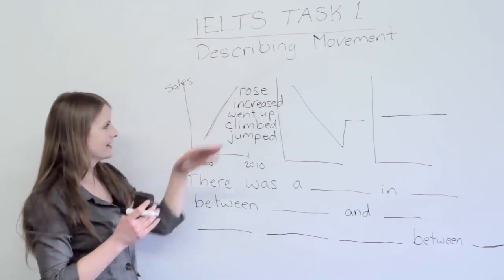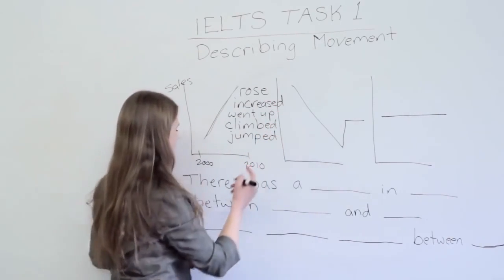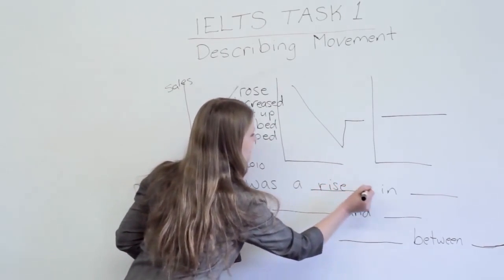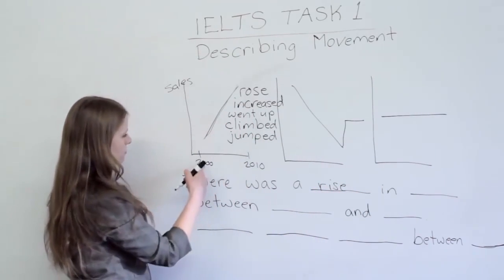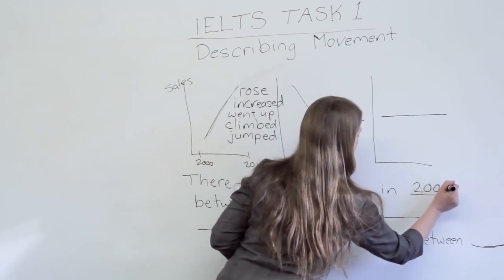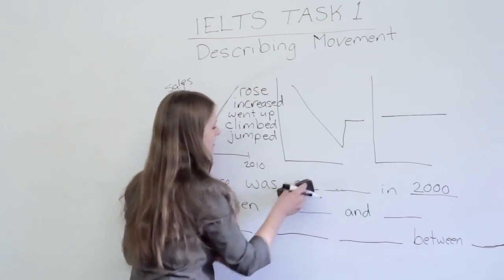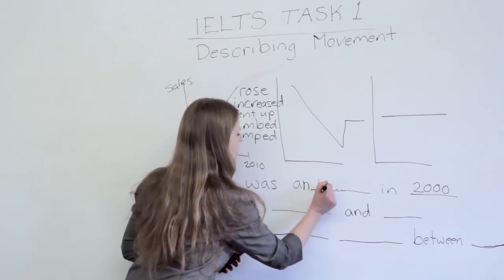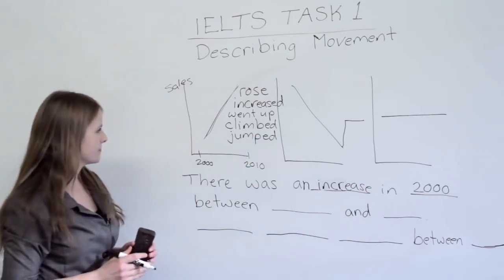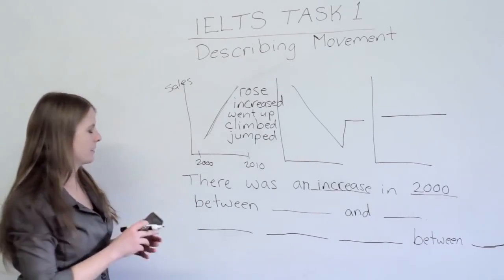So this is talking about the verbs, but we can also turn this into nouns. So the noun form of rose is a rise. So for example, there was a rise in 2000. We could say there was an increase. So this is one way to do it.